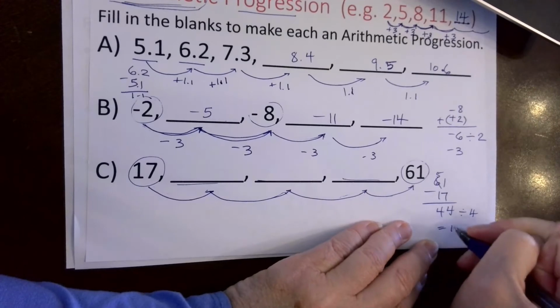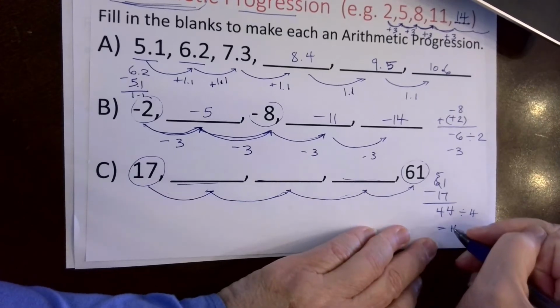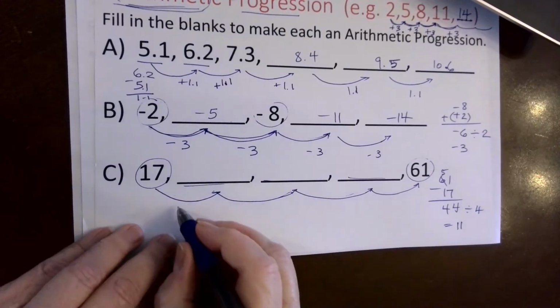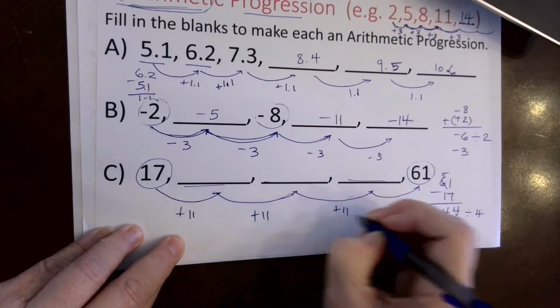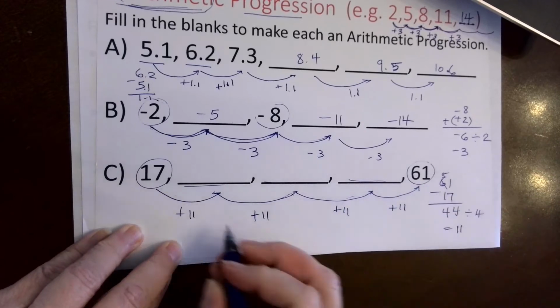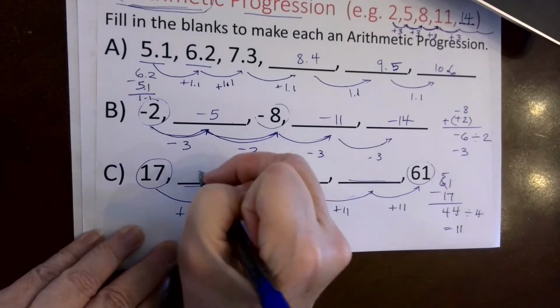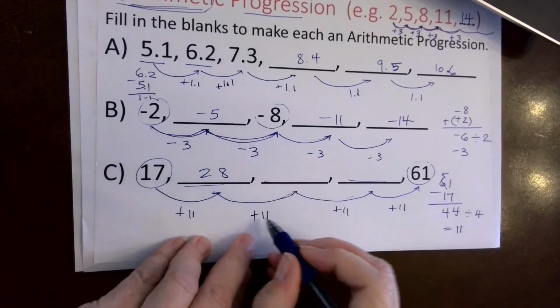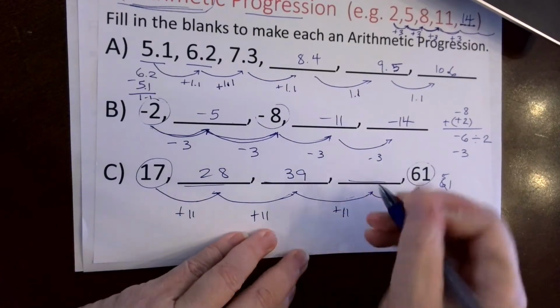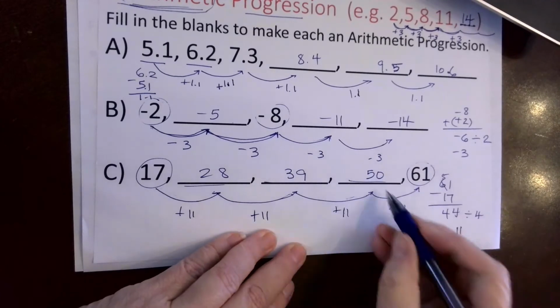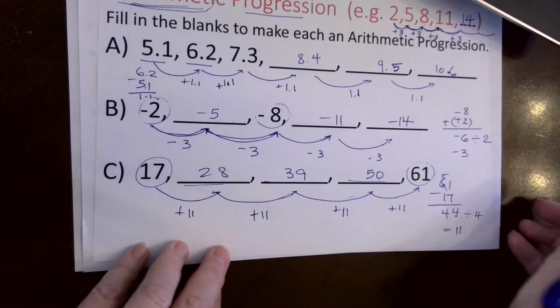That spreads that 44 out over 4 different jumps. We're going to add 11 each time. If it's right, we'll end up at 61. 17 plus 11, 28 plus 11, 39 plus 11. Sure enough, 50 plus 11, we got there.